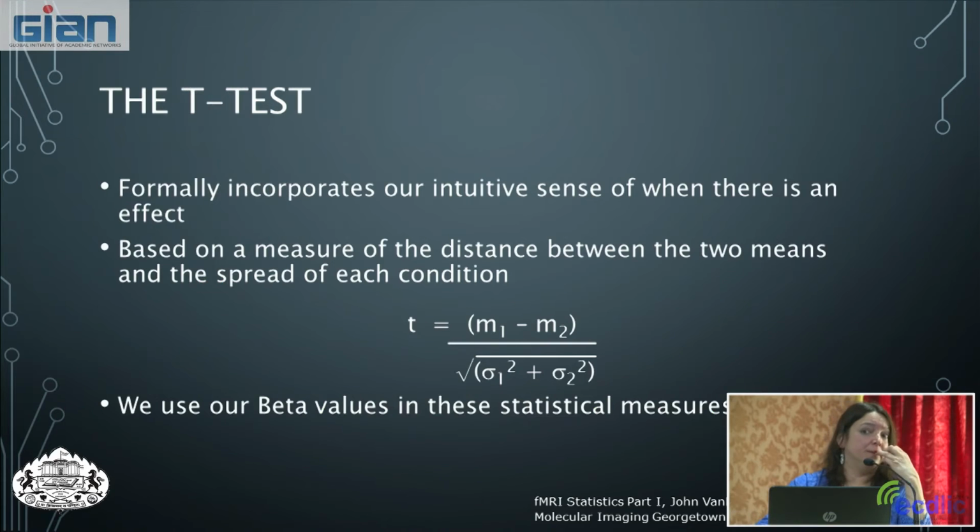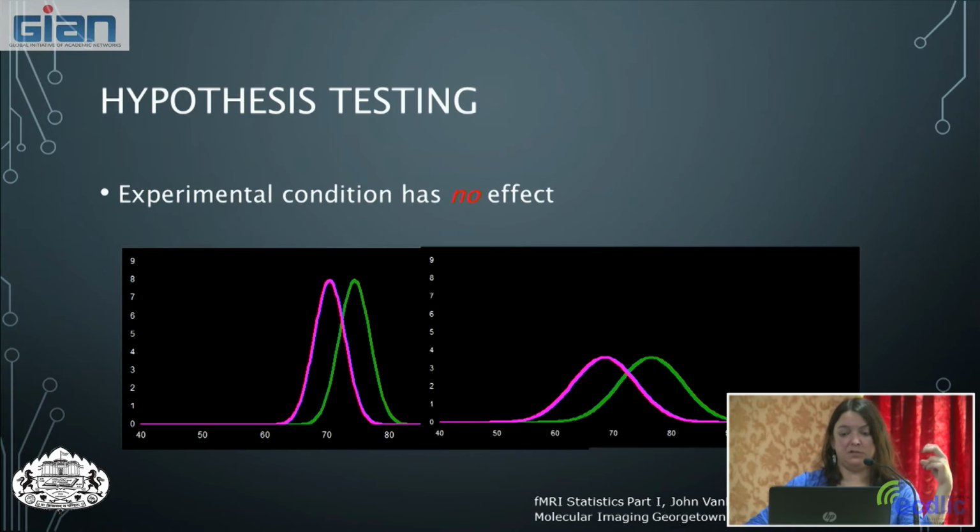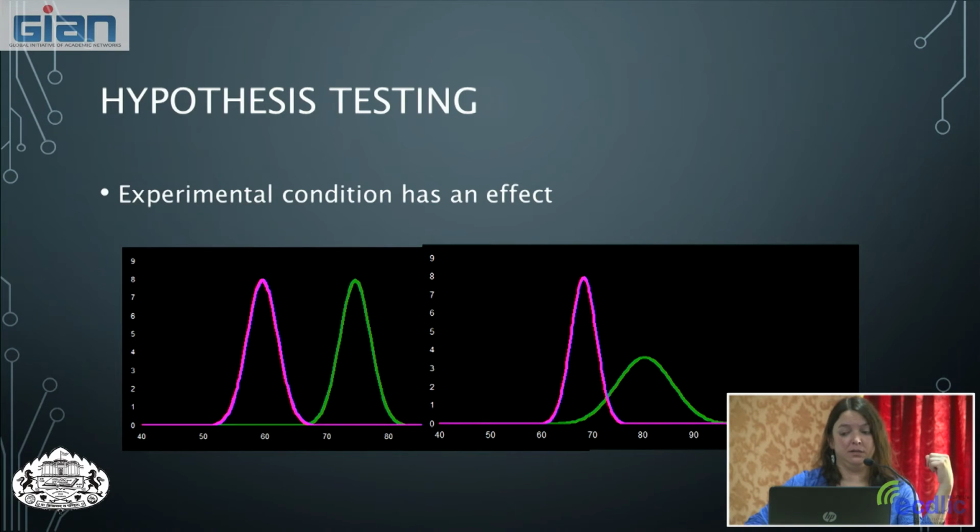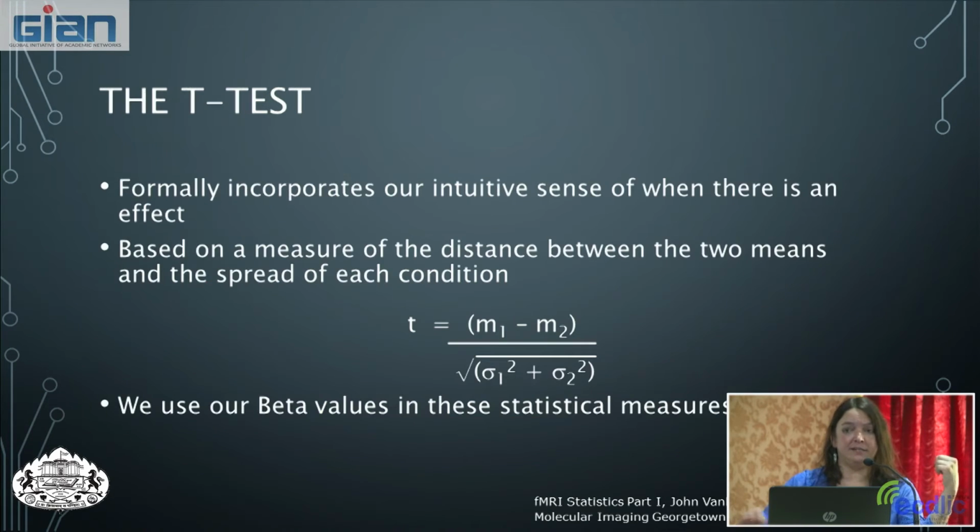Okay, so how do we know really if these are different distributions or not? Thankfully, statisticians have spent a lot of time thinking about this, and the t-test is what formally incorporates our intuitive sense of if there's an effect or not by calculating a measure of how different or how similar these distributions are. And so this is a t-test here.